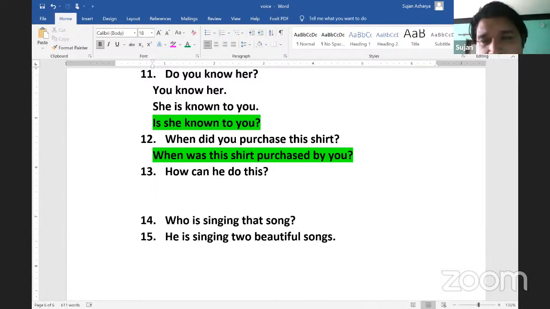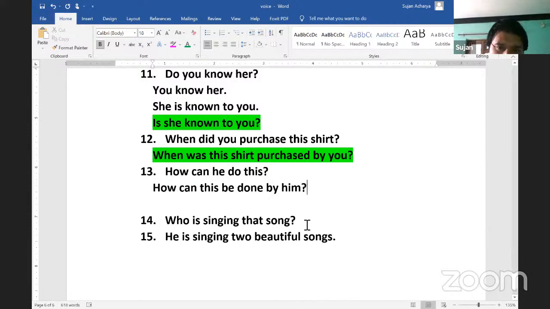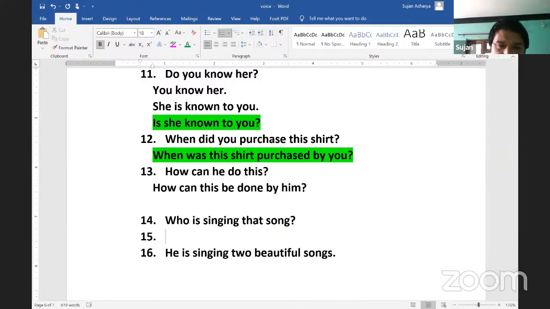What is the passive? How can this be done by him? You can add by at the end or begin with by from the beginning as well.